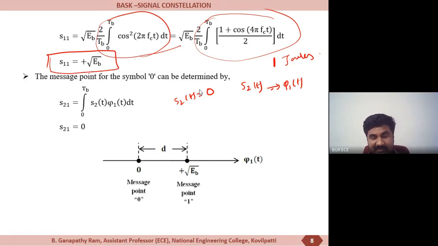And here the signal constellation has only one dimension, which is represented by phi1 of t, and it has two message points, one at 0 and another one at plus root EB. This is the message point 0 and this is the message point 1, and the distance between these two message points is called d, which is otherwise called the Euclidean distance.